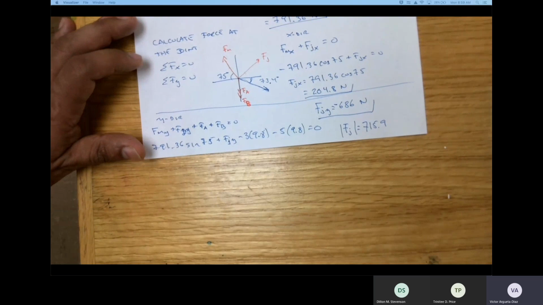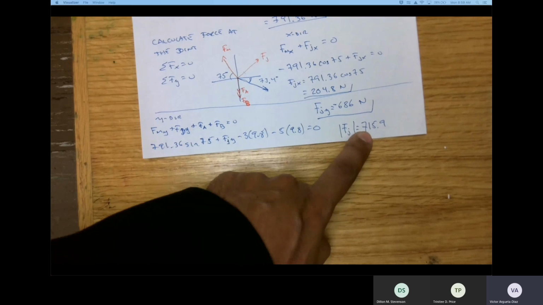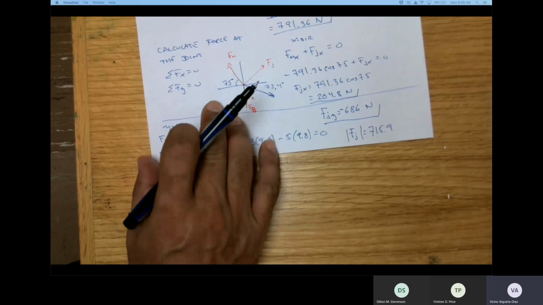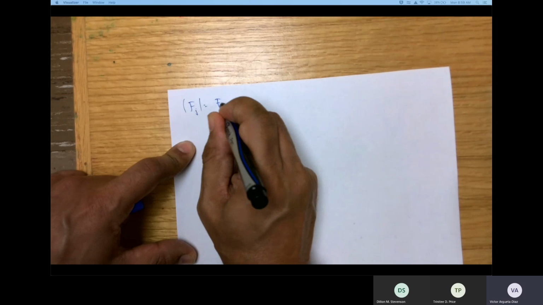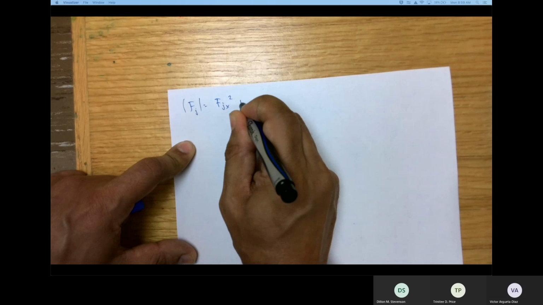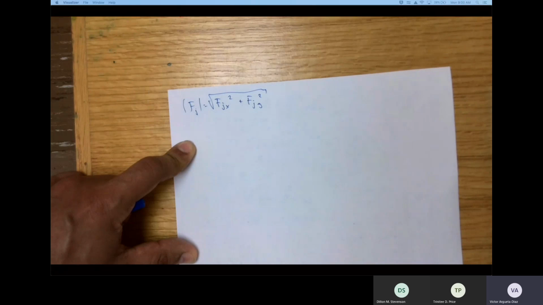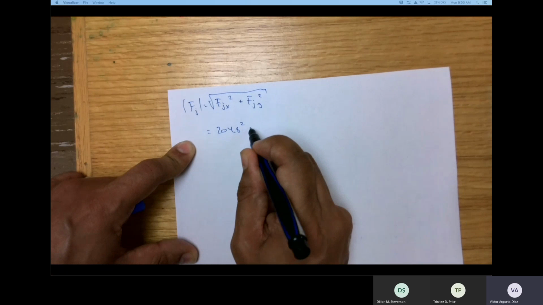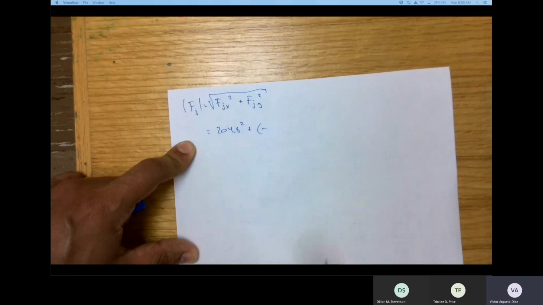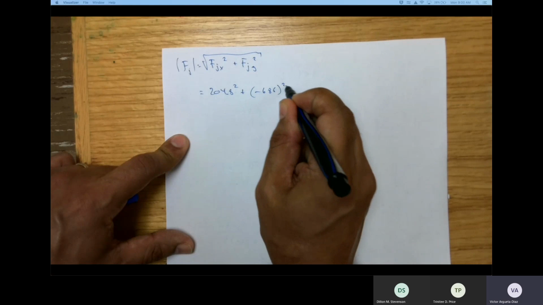Okay, I'm confused. Where did the 715.9 come from? This is the magnitude of the force. It comes from just the Pythagorean theorem: 204.8 squared plus 686 squared.